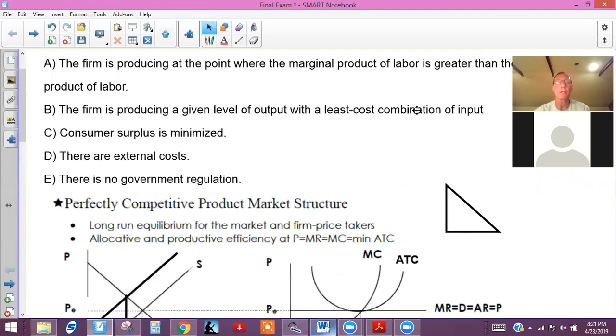The easiest way to remember it is where average total cost equals demand or equals price, right? So that's PSO to QSO. That's productive efficiency, where the average total cost is equal to the price, and that's where they're going to produce.